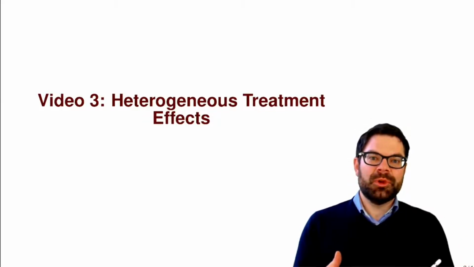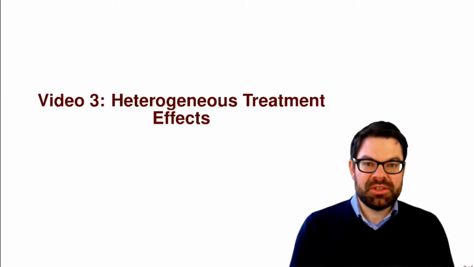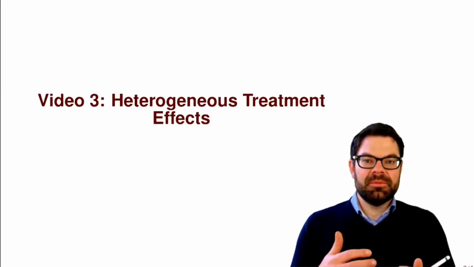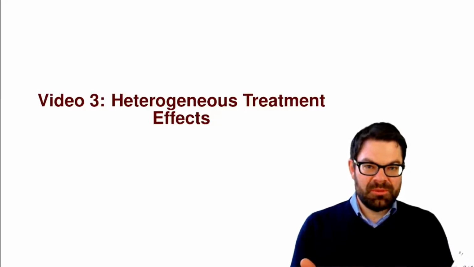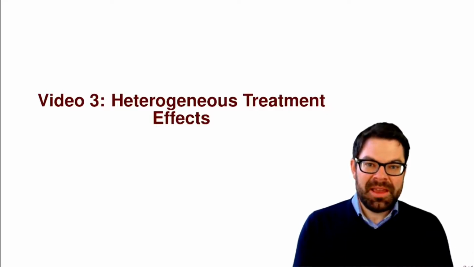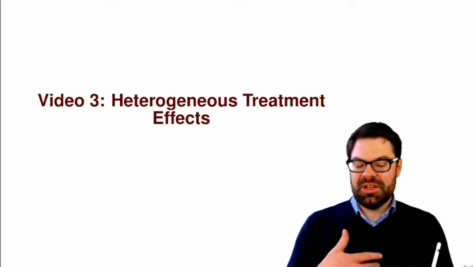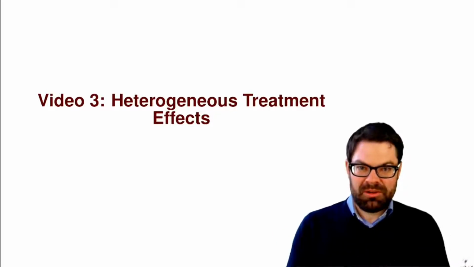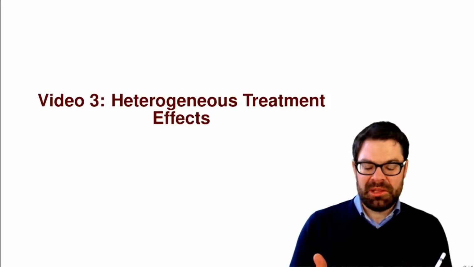Now, to recap what we've done in the previous video, we've looked at Heckman's two-step selection model, and we have seen that there is a way to solve the problem of selection bias by accounting for selection into treatment through parametric assumptions. That was the great insight from Heckman's model.